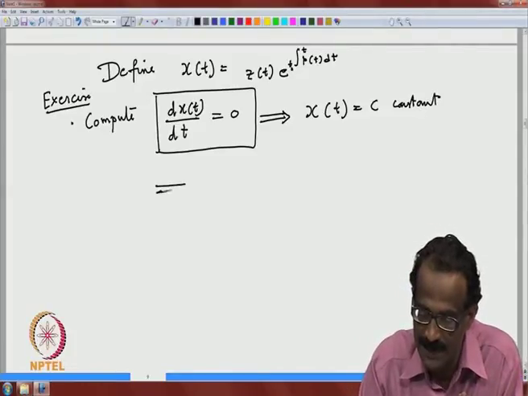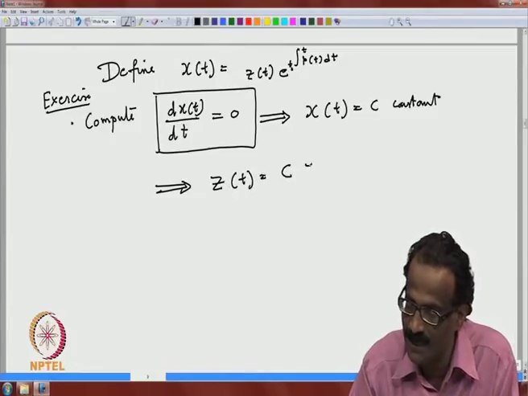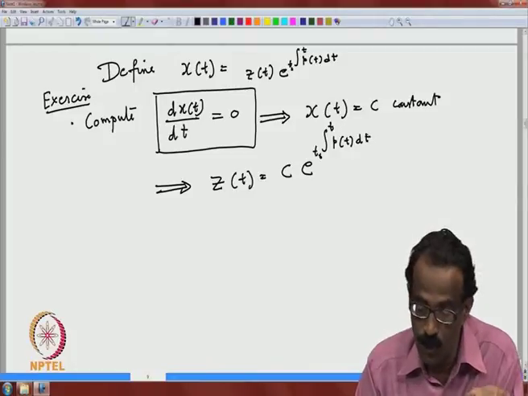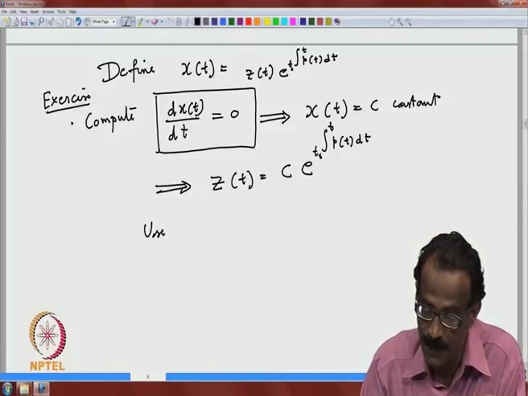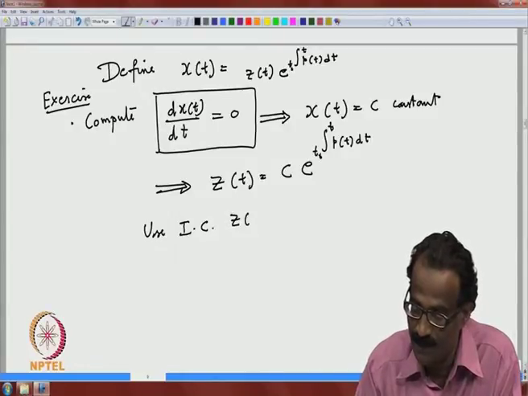This implies, if x(t) is a constant, you get z(t) is equal to this constant into e power integral t naught to t of p(t) dt. Now, use the initial condition, z at t naught is equal to y naught.